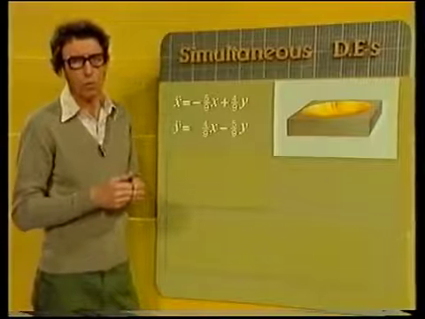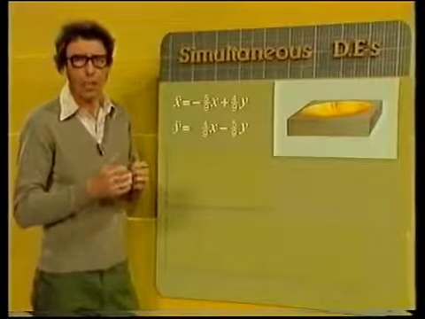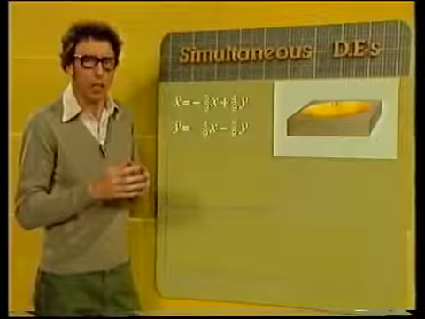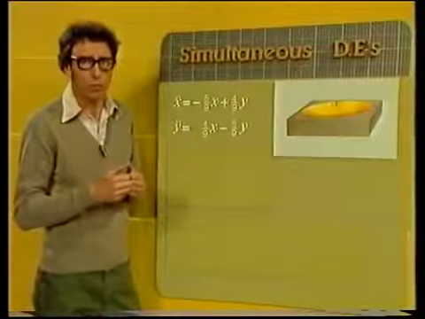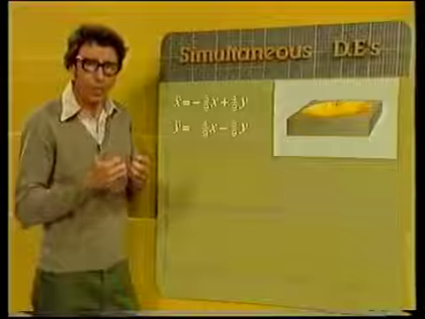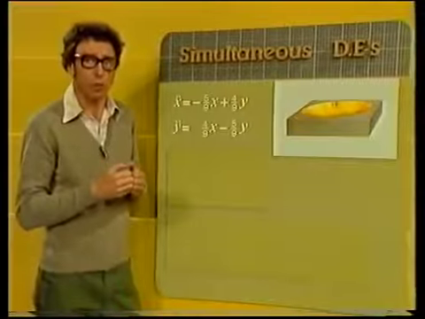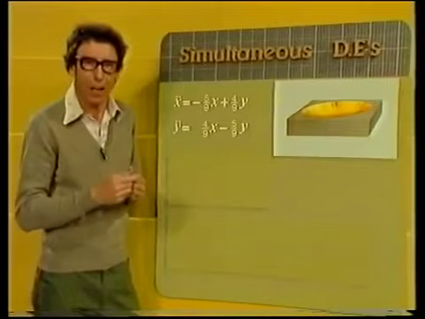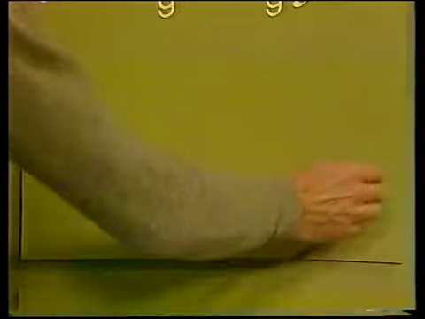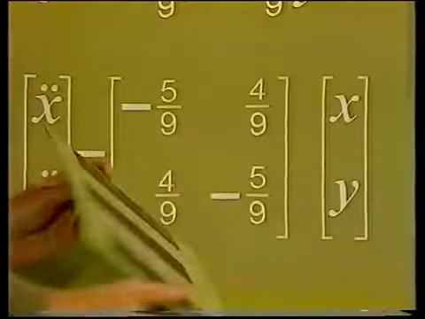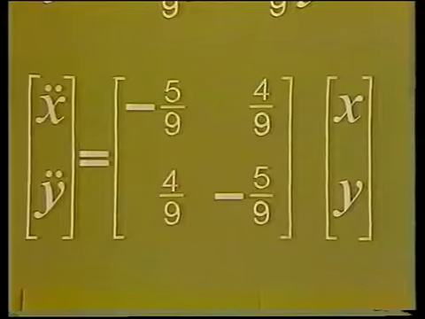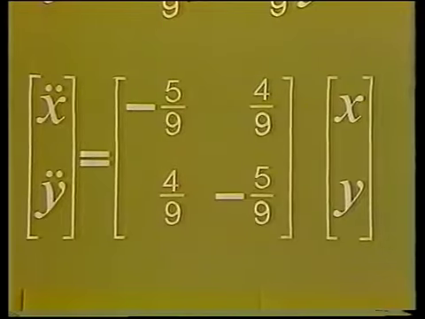That helped before. Now, with linear algebraic equations, I can write them in matrix form. Could I write these differential equations in matrix form? I can. Here, I've written the equations in a matrix form.